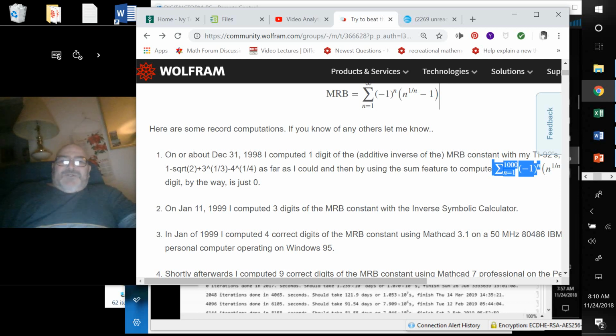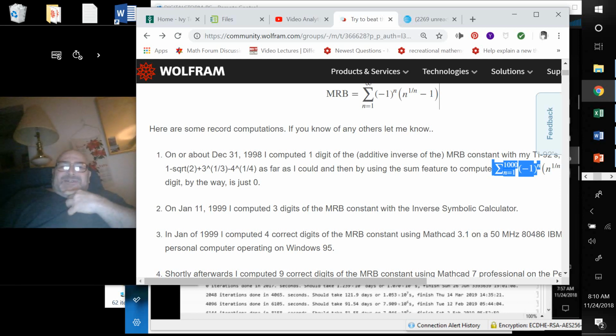I believe when you go to 1,000, depending on how accurate the TI-92 is in approximate mode, you should get 2 decimal places, 0.18, and it'll be close to the 8.